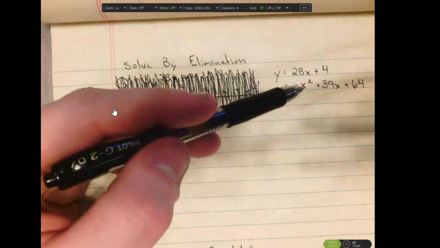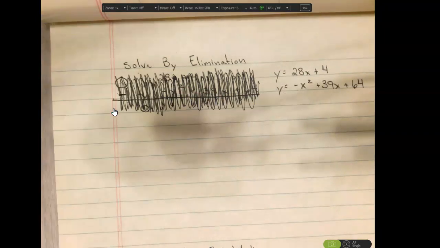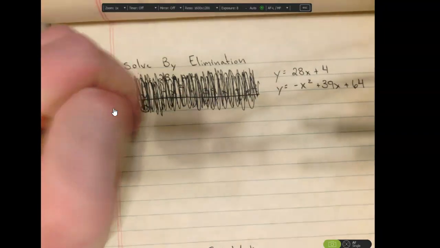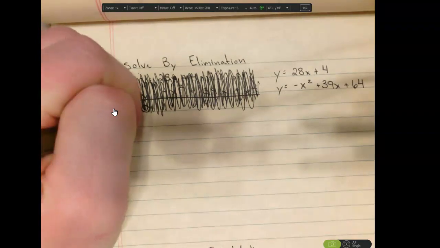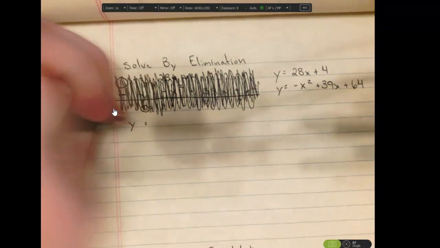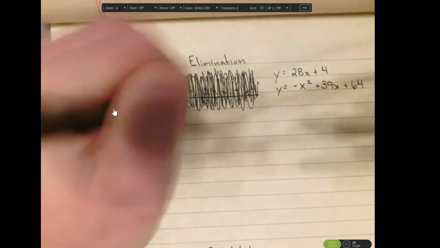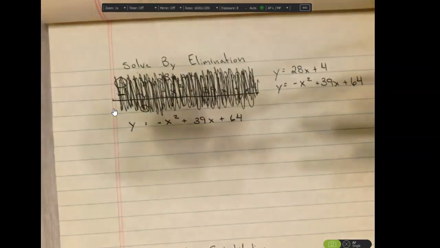You always want to put the equation that has the x squared on top. So I'm going to rewrite these equations by having one over the other. So y equals negative x squared plus 39x plus 64. And I'm going to line it up with my second equation, y equals 28x plus 4.